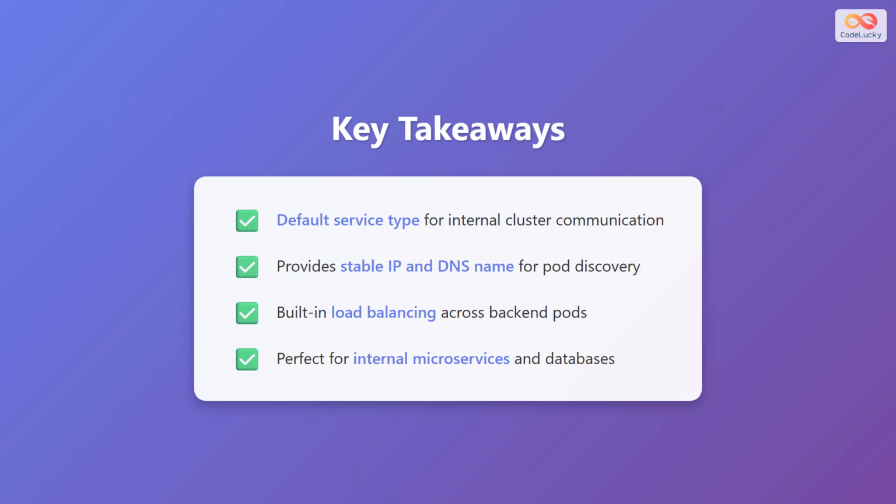Third, it includes built-in load balancing that distributes traffic across multiple backend pods automatically. And finally, it's perfect for internal microservices and databases, keeping your backend infrastructure secure and isolated. ClusterIP is an essential tool in your Kubernetes networking toolkit, enabling seamless internal communication while maintaining security.